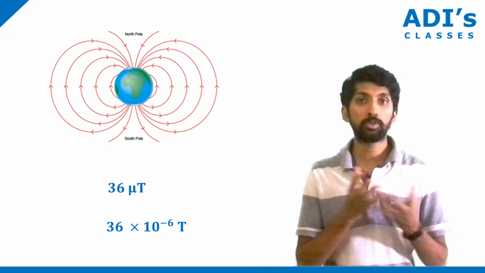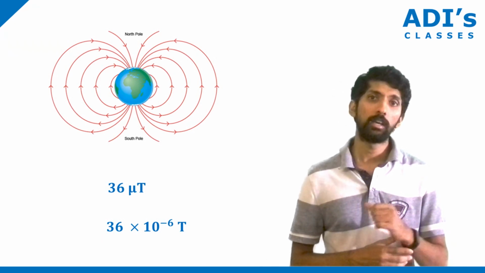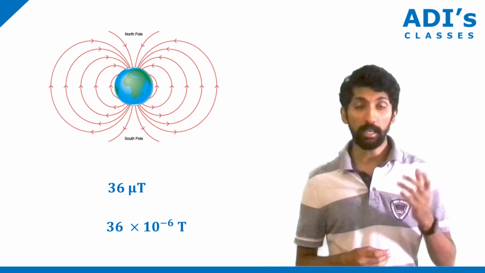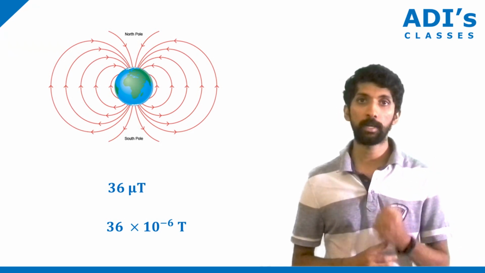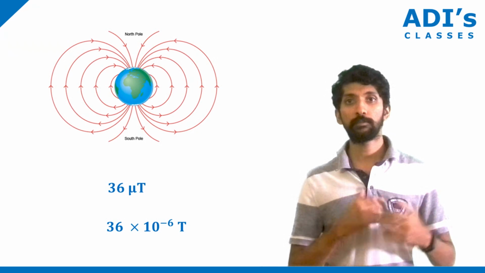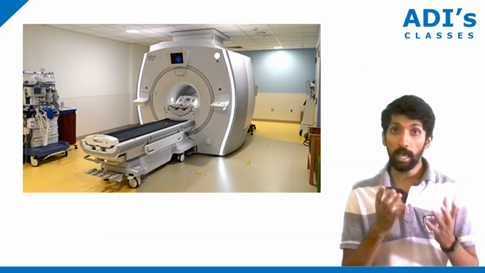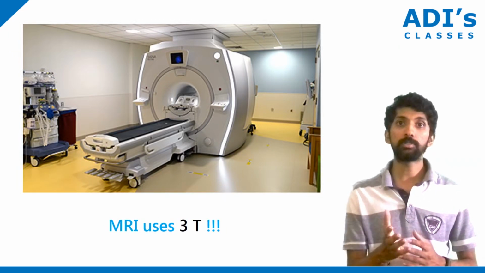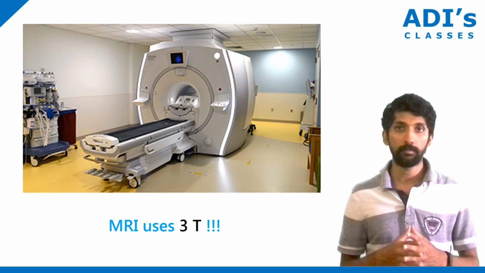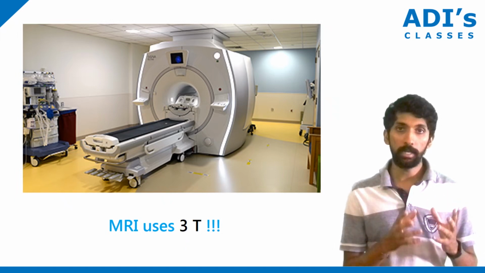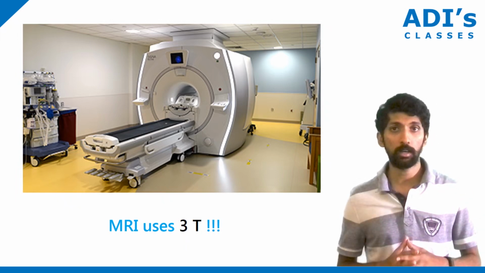Earth, which is so big, itself has 36 micro Tesla. Practically, some magnets like neodymium magnets have 1.2 Tesla magnetic field. For medicinal purposes, an MRI machine uses around 3 to 5 Tesla magnetic field. That's very huge.